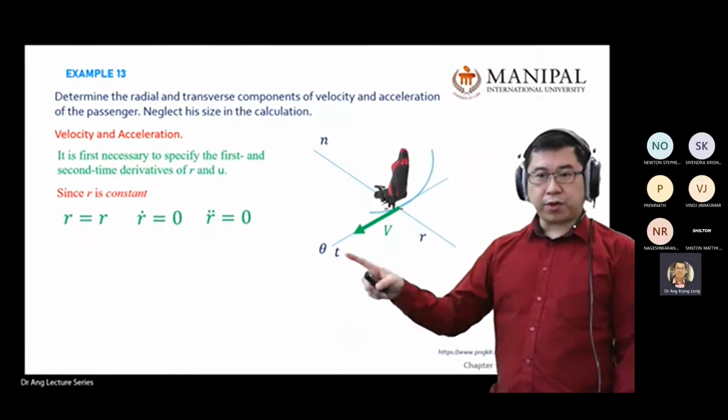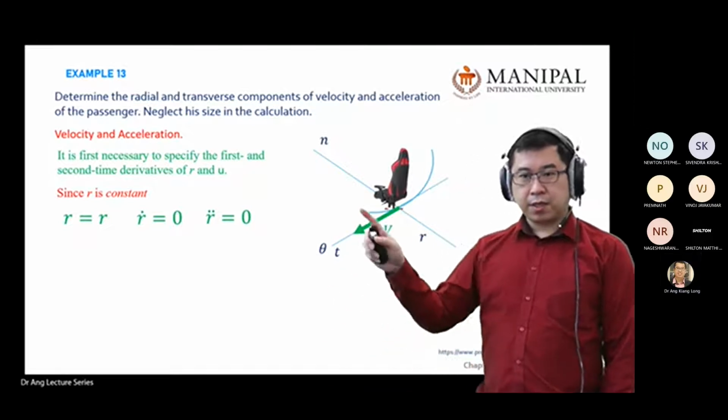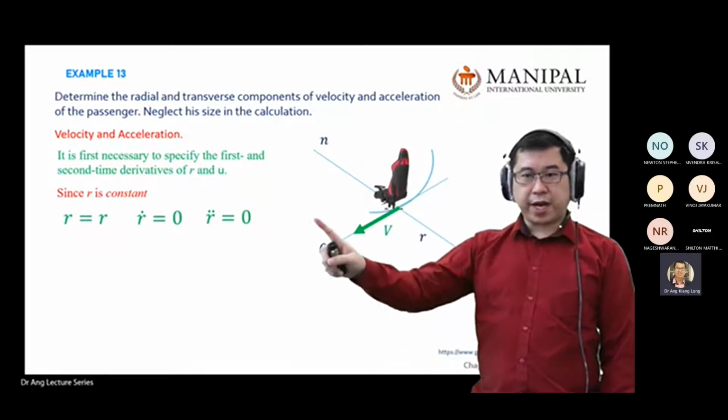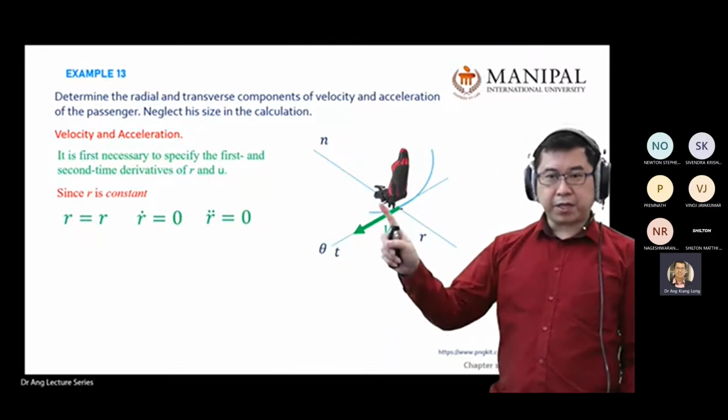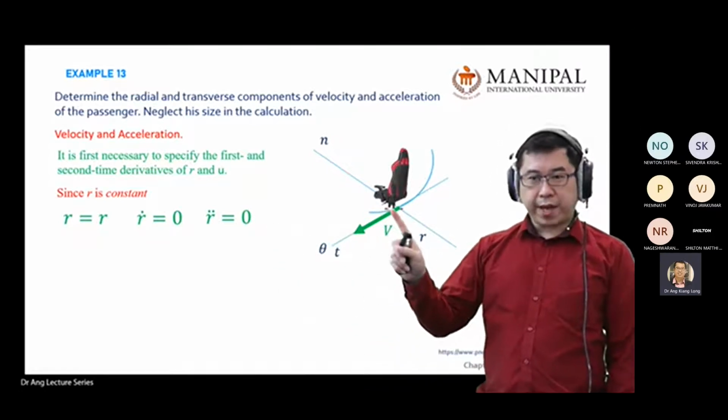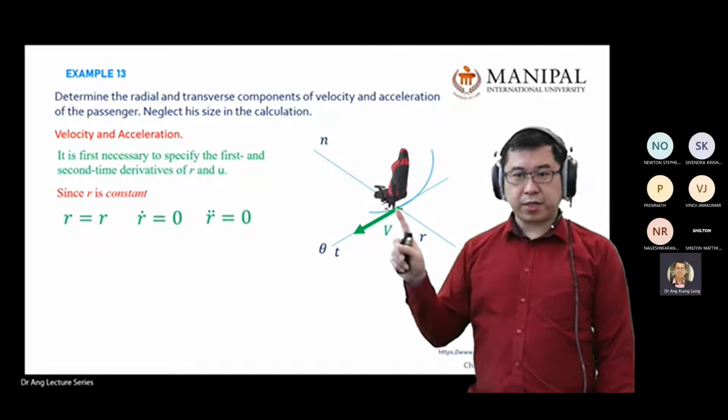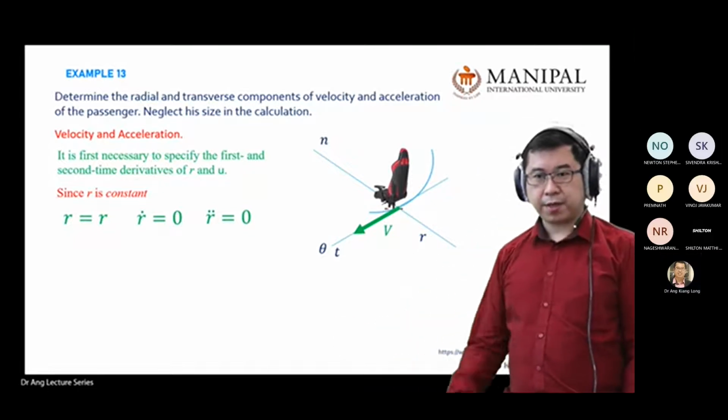Then you talk about your velocity vector. So your chair is moved in a circle, but at that particular point, you have a radial direction and a transverse direction.